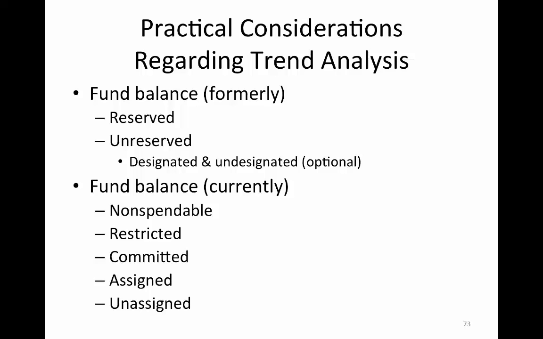And so a lot of the numbers prior to the implementation of Statement 54 may in fact be inaccurate, with things being reported as reserved that should have been unreserved, or vice versa. So you really can't do a trend analysis with the fund balance information.